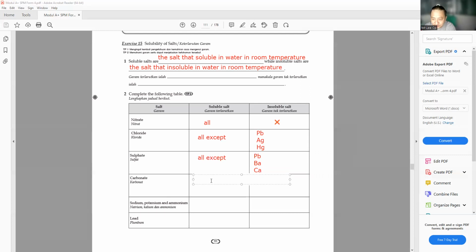Right, carbonate is not soluble, right? Or not soluble except carbonate, except. Help me.